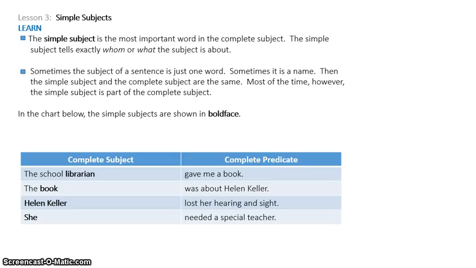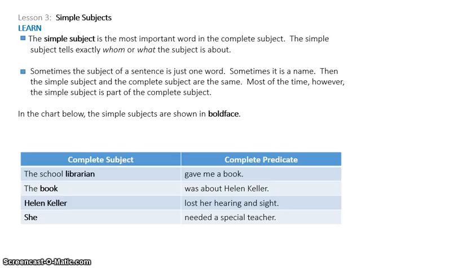All right, look at the next sentence. It says the book was about Helen Keller. They divided the sentence into complete subject and complete predicate first. Then they went to the complete subject and said, what one word is this whole sentence about? Well, the word was book.